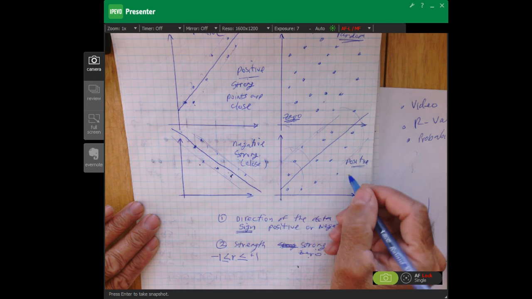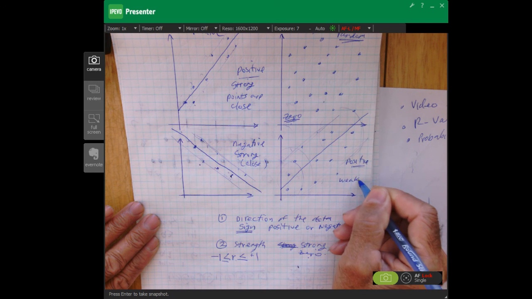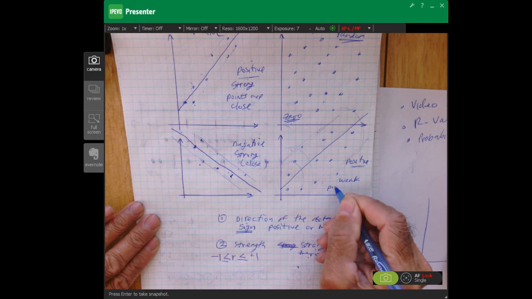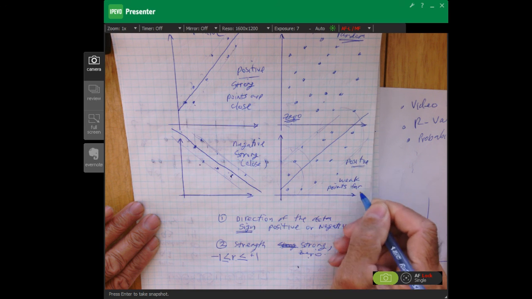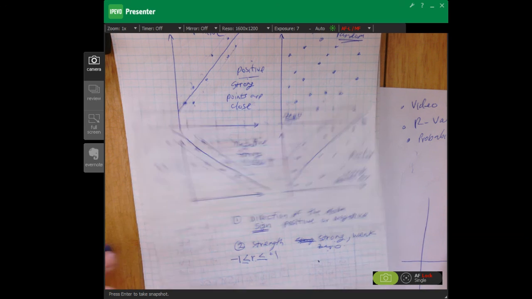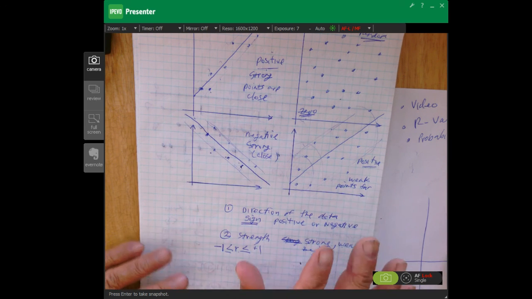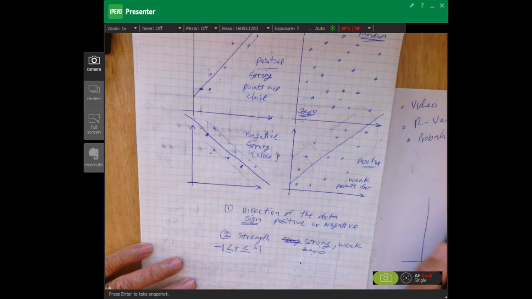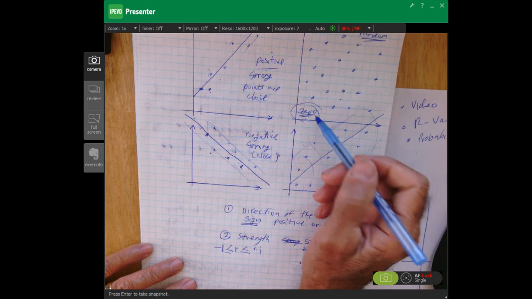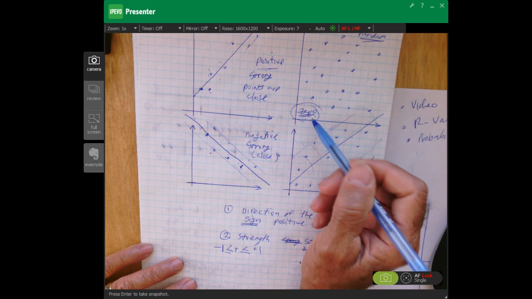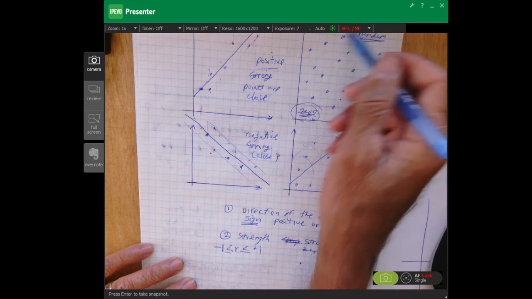This one is weaker because the points are far. Okay, so for now, that's all we're really going to worry about. Again, that 0, we don't have to worry about the sign because 0 doesn't have a positive or negative sign, and it's totally random.